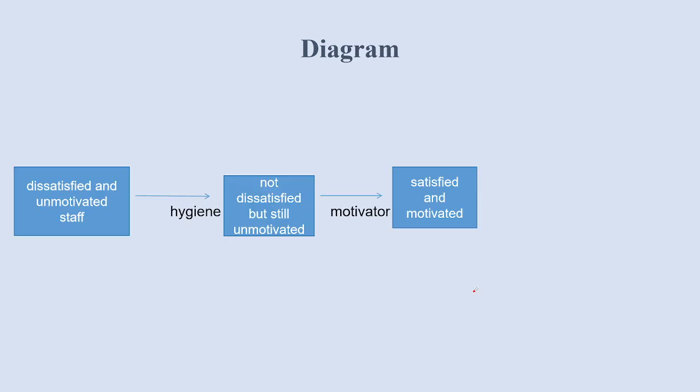Okay, just look at this diagram. There is a member of an organization who is dissatisfied and unmotivated, but he has been provided with the hygiene factors. We can say he was very dissatisfied, unhappy and unmotivated, but his boss provided him a very good table, chair, a new latest laptop and a proper work environment office.